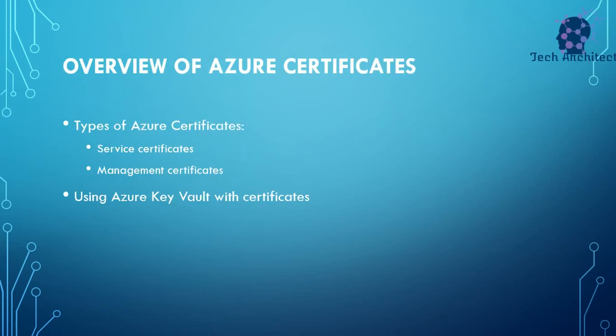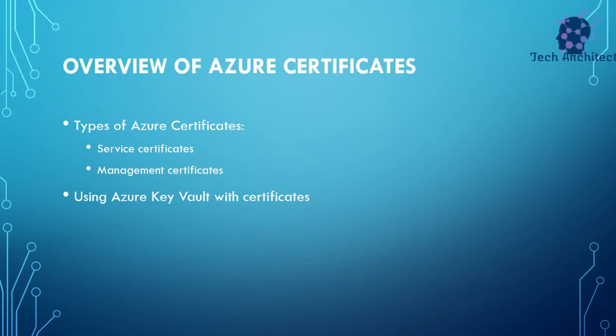Now the types of Azure certificates: service certificates and management certificates. Service certificates are attached to cloud services and enable secure communication to and from the service. You can upload a service certificate to Azure either using the Azure portal or by using the classic deployment model.